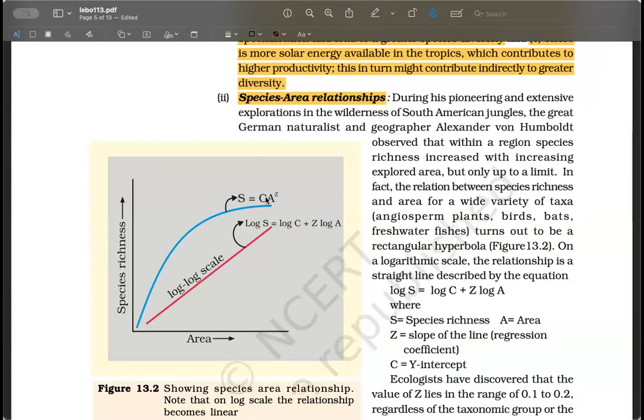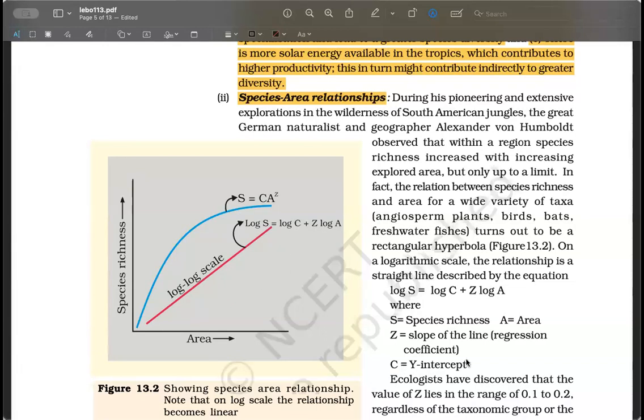I think Iram must be remembering it better. When you convert it into a logarithmic scale, the power comes down and adds up. So Z into log A, right? Yes. So this makes things easier for us.